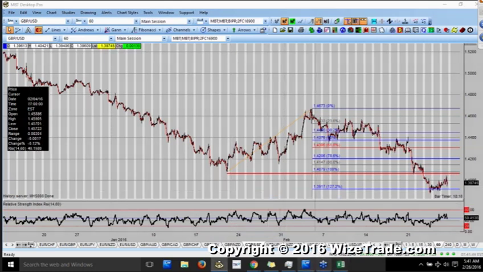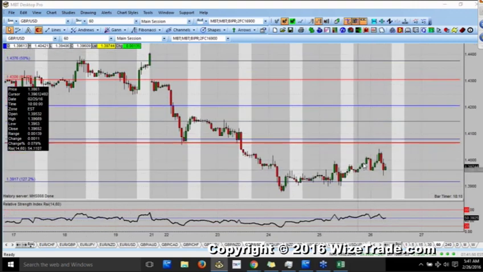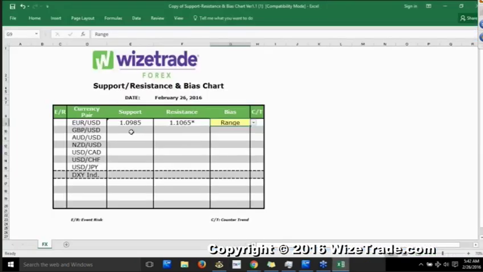We ran into it and then just reversed. So I guess it worked as expected. I thought we might get a little higher, but we know, which is great, that support is at 139.